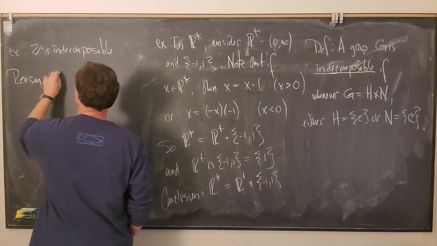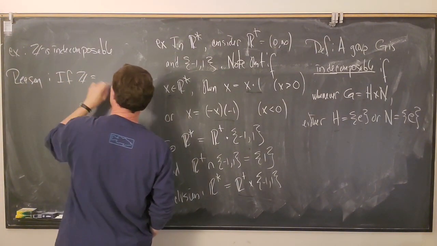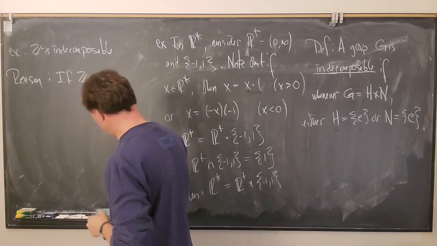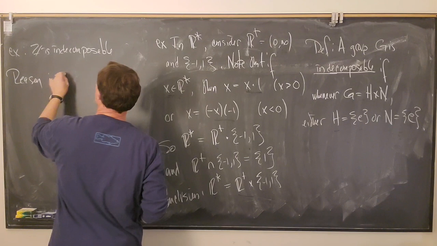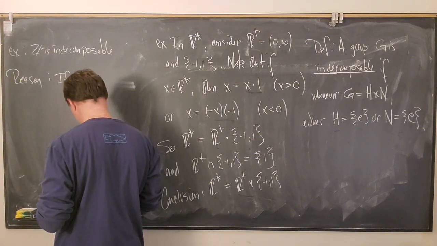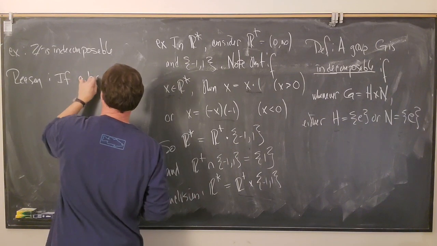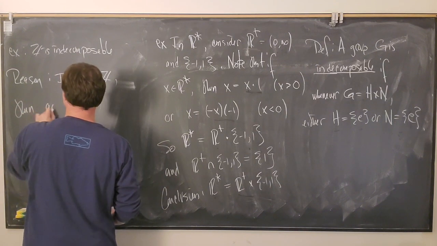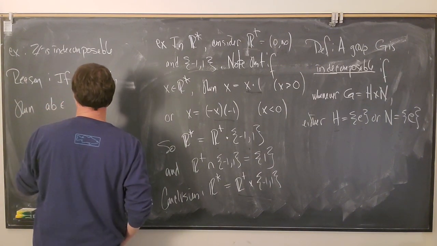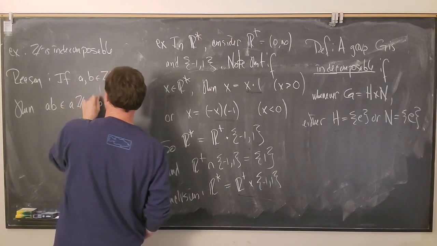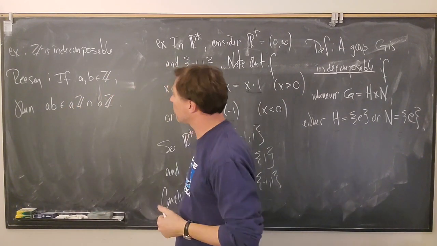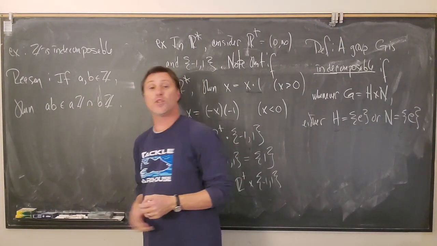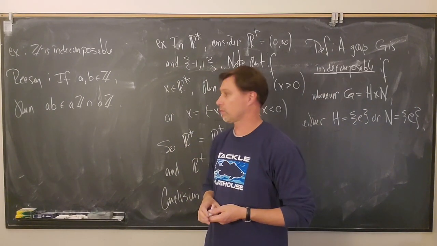So if A and B are integers, then A times B is an element of A times Z intersect B times Z. In other words, anytime you take two subgroups, you are not going to get them to have intersection just equal to the identity, 0 in that case.